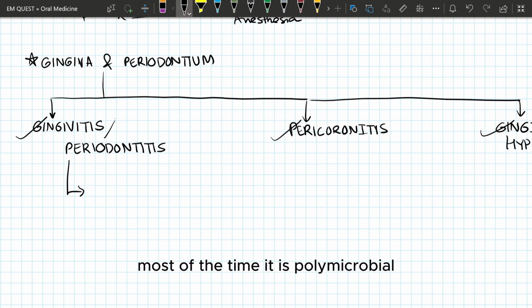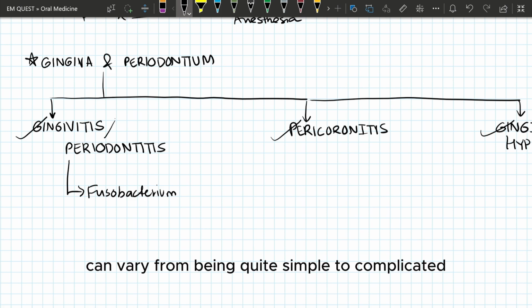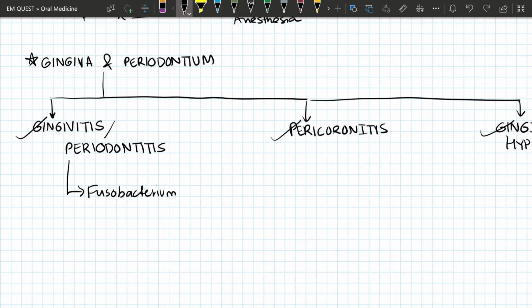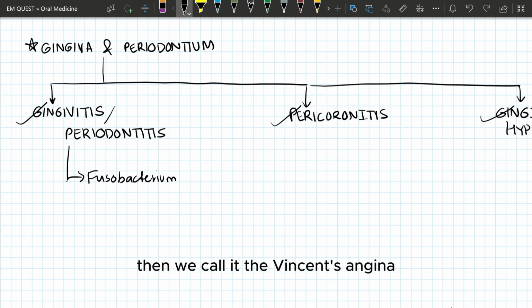Most of the time it is polymicrobial, but Fusobacterium in particular is implicated in most of these cases. These cases can vary from quite simple to complicated, with diseases like necrotizing gingivitis, and if the infection further involves the tonsils and the pharynx, then we call it Vincent's angina.